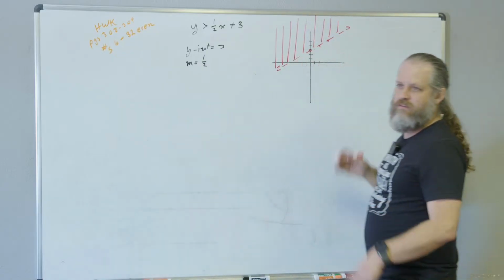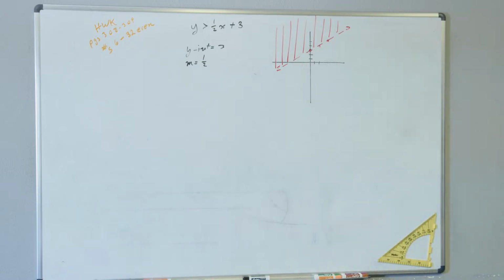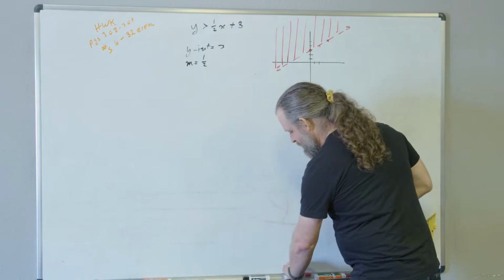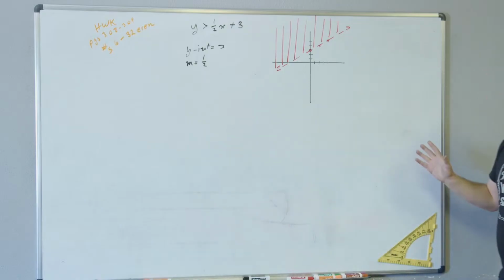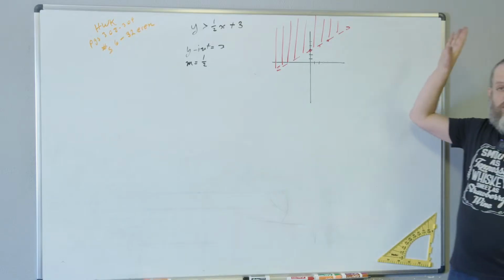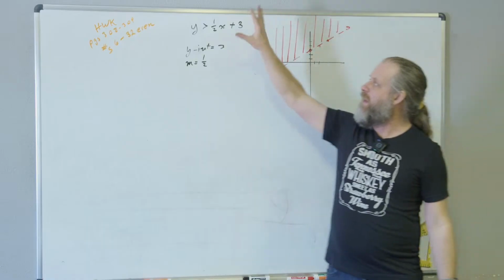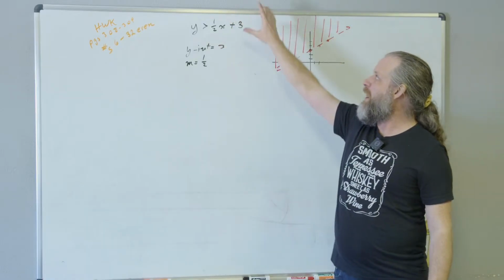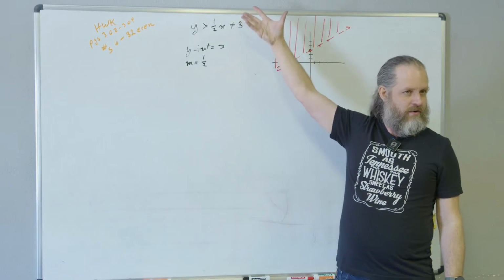And then there it is. So the solution, remember I made this whole big deal on Tuesday about asking why questions and what questions and all that kind of stuff. So the solution to this inequality, any ordered pair that's in this region would work.